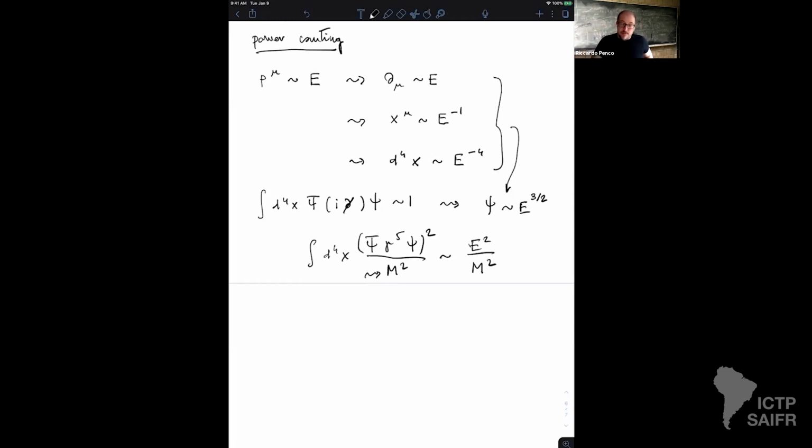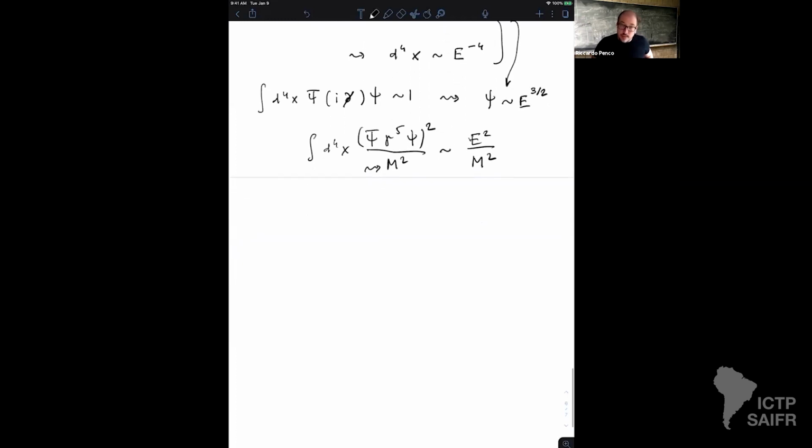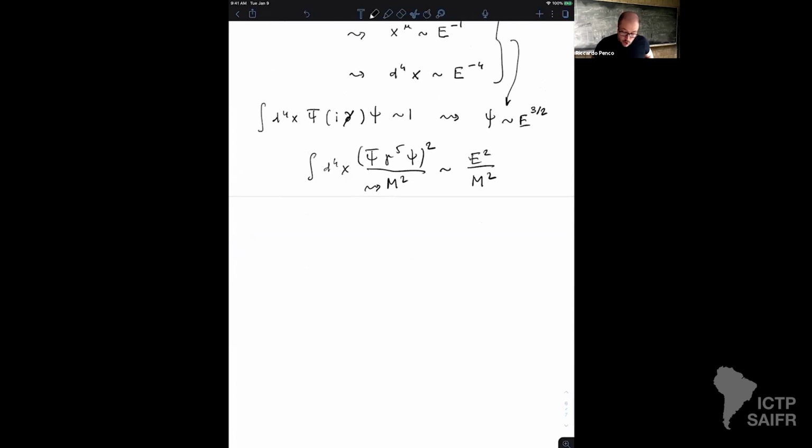And therefore, beyond a certain point, they're just going to become negligibly small. In practice, how many of these terms you need to keep in your Lagrangian to match some experimental results depends on how small the ratio of E over m is.